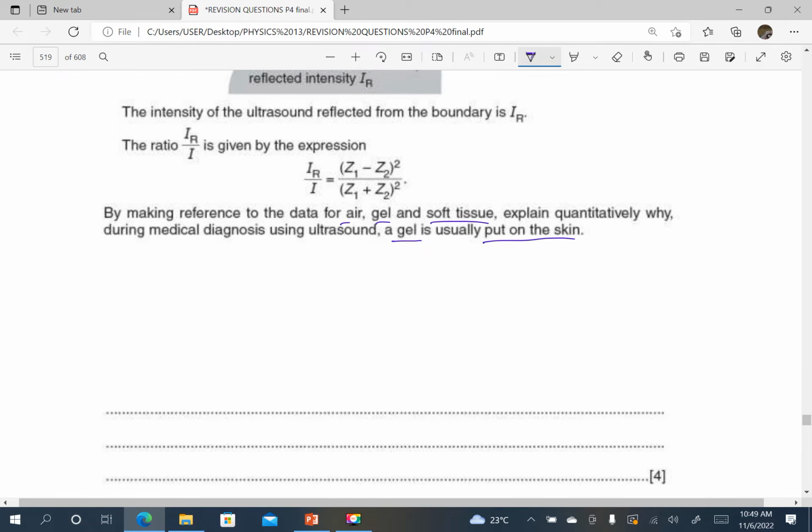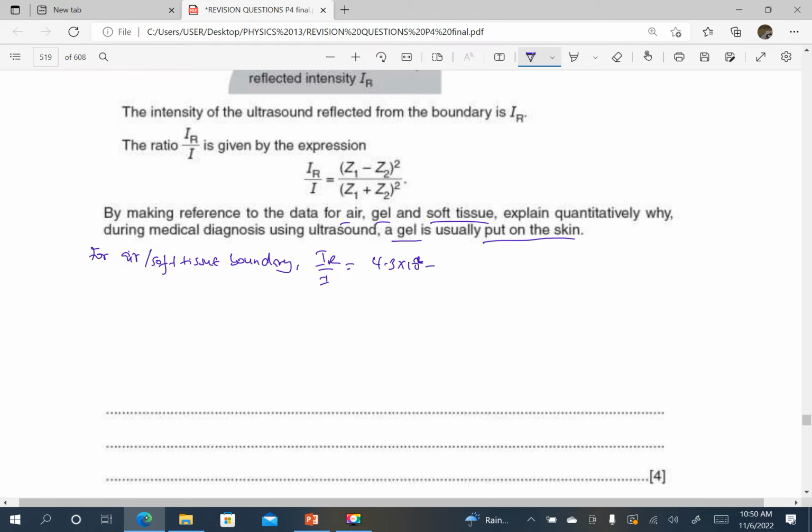For the air soft tissue boundary, the ratio IR over I is going to be equal to, let's say air is Z1 and Z1 is 4.3 times 10 power 2.